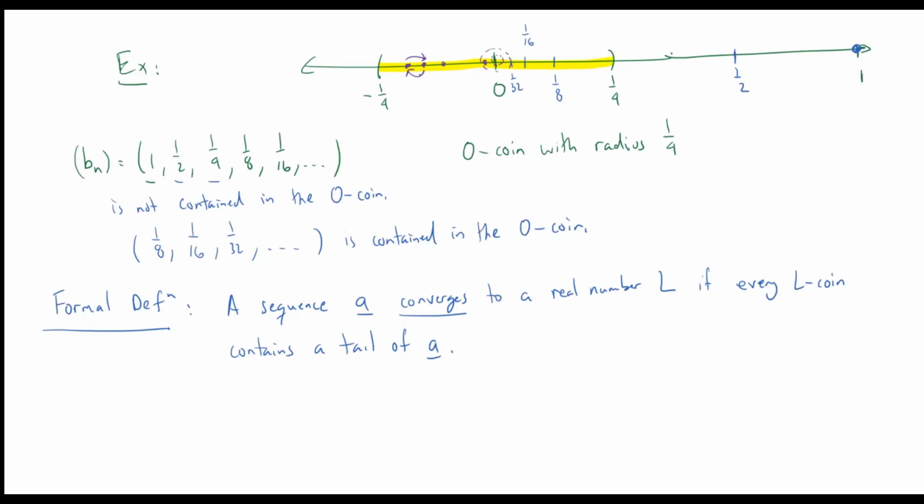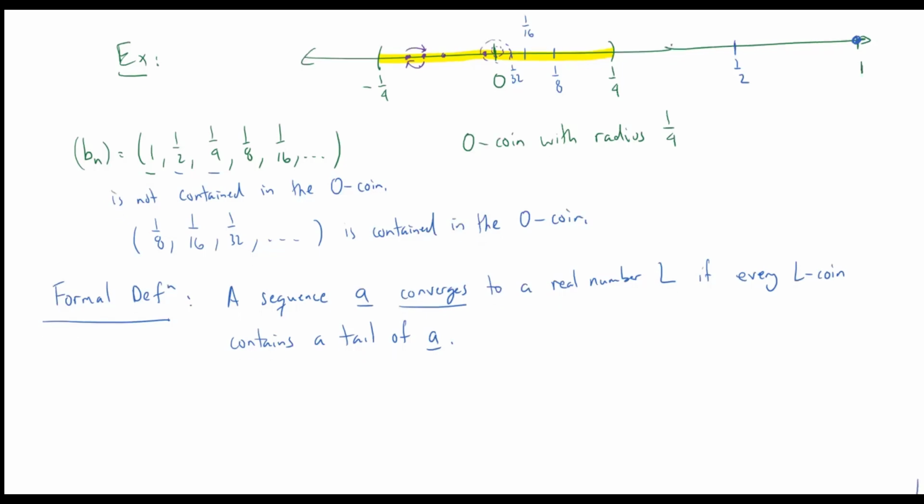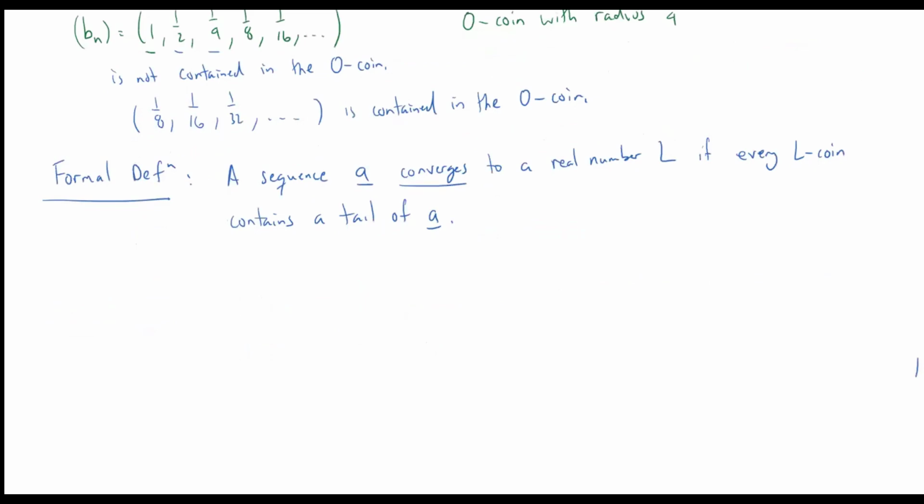Now, of course, a definition is only good if you can use it to prove things. So what I want to do is try to translate this into something we can use to prove something. For example, we have this Bn, and what did we think was the limit as n goes to infinity?